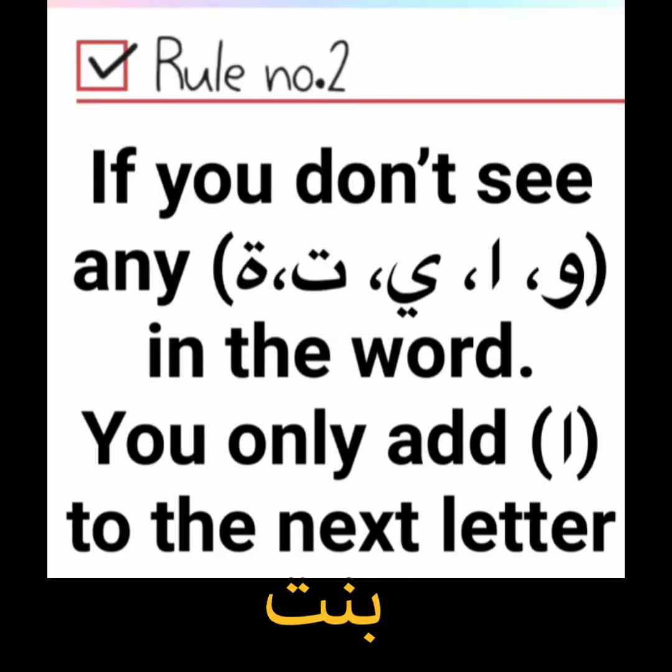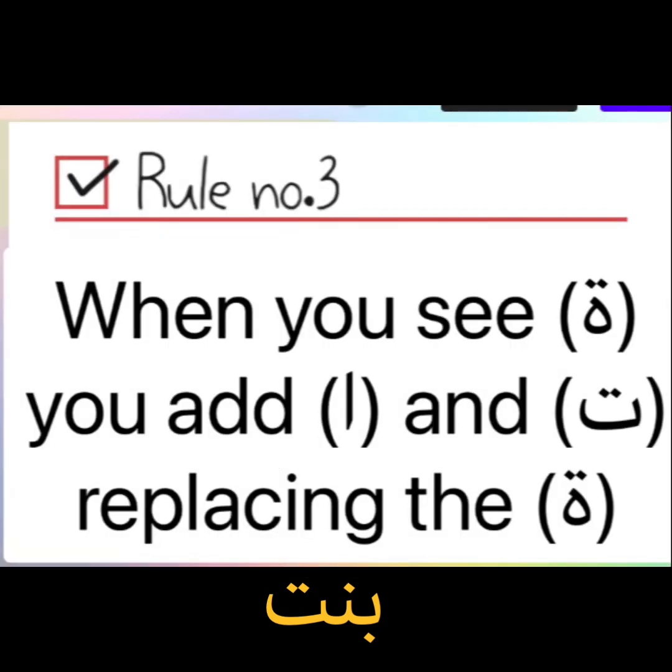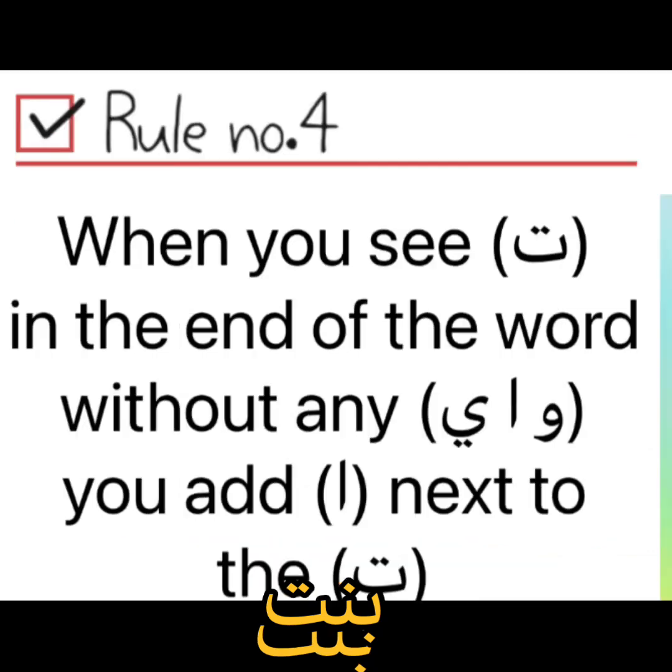When you don't see واو, ألف, ياء, تاء مفتوحة. No, we do see a تاء مفتوحة. So let's go to rule number 3 then. When you see تاء مربوطة, there is no تاء مربوطة here. So again, rule number 3 can't be applied here. So let's go to rule number 4 then. Rule number 4.